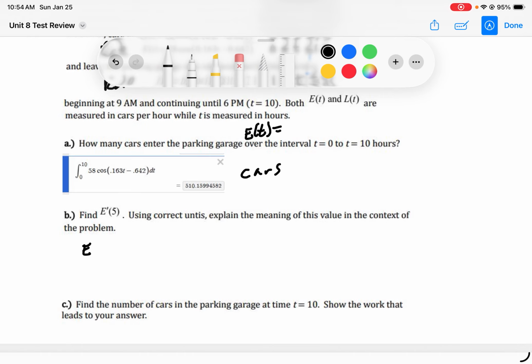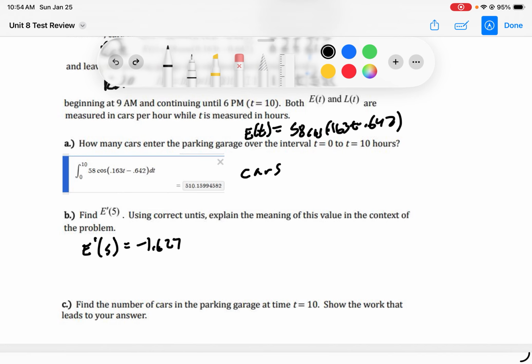Capital E of t is 58 cosine of... Define that and then type in E prime of 5 in the next line, and it tells us it's negative 1.627 something. Okay, that's the number.